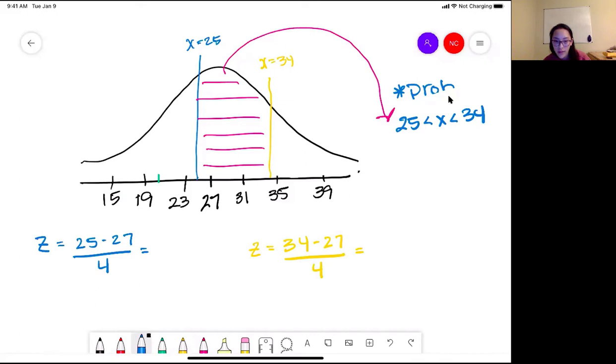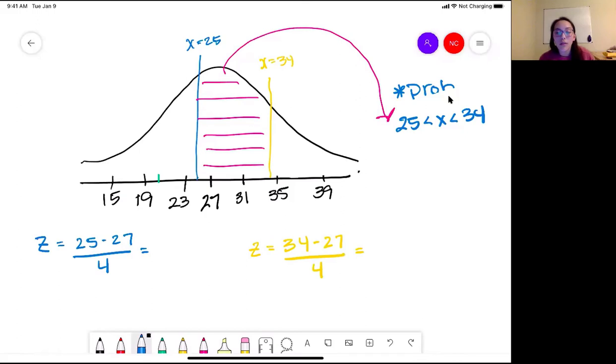Aaron, are those values the z's? Wait, or are those the probabilities that you calculated? Yeah, he did the probabilities.